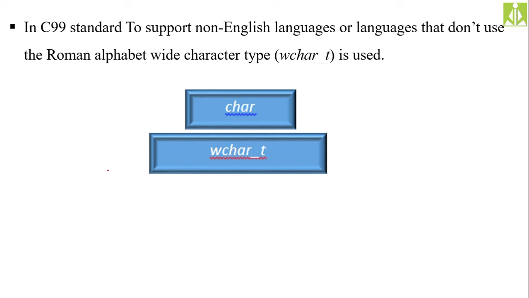To support Arabic alphabets in C language, and to support German, Chinese, Japanese, Hindi, Telugu, Urdu, all these natural languages, we have a special type of data type, that is the wide character set. This wide character set will have all the characters to support.